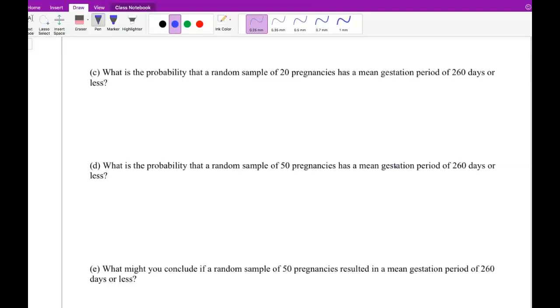Now part C, what is the probability that a random sample of 20 has a mean period of 260 or less? Here again, the sample size is 20.